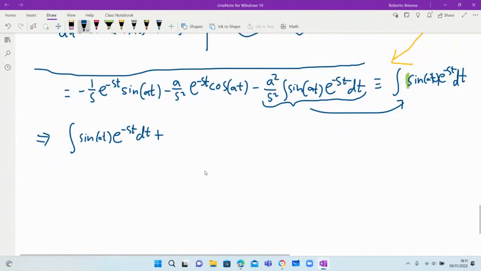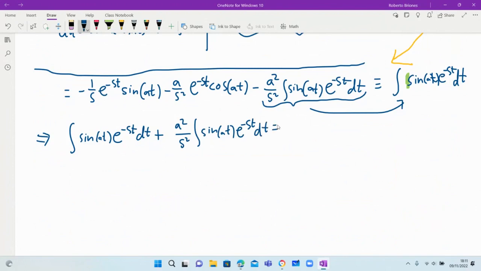And so going back, we'll have A squared over S squared times the integral of sine AT times e to the negative st dt should be equal to negative 1 over S e to the negative st sine of AT minus A over S squared e to the negative st cosine AT.